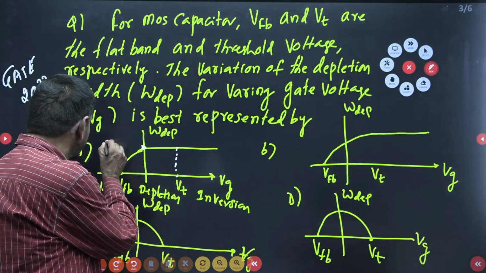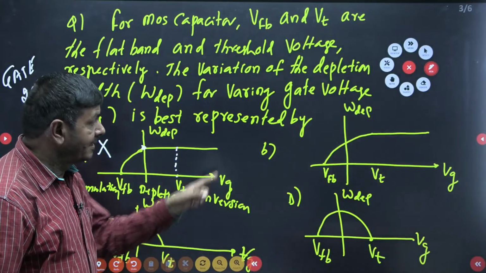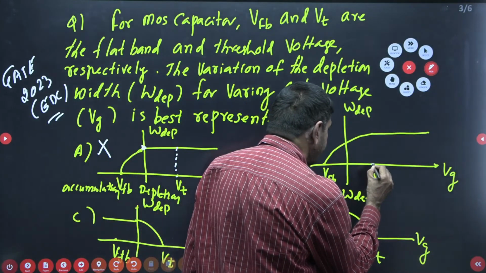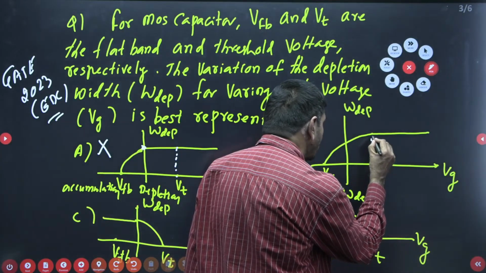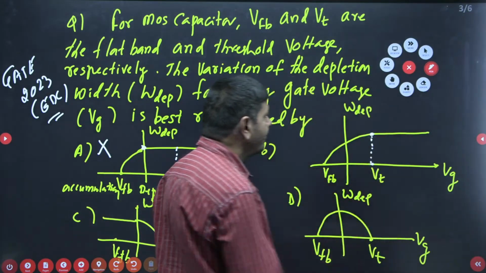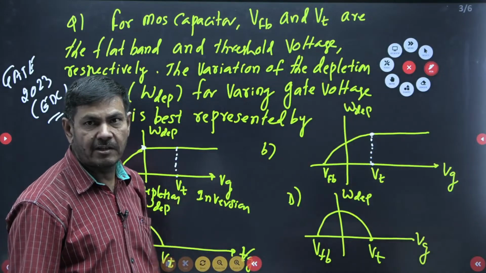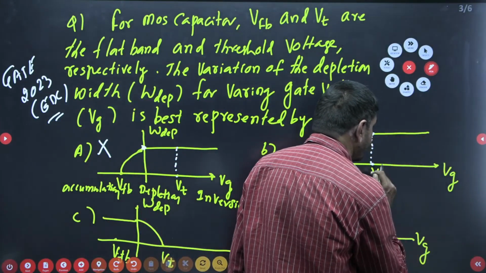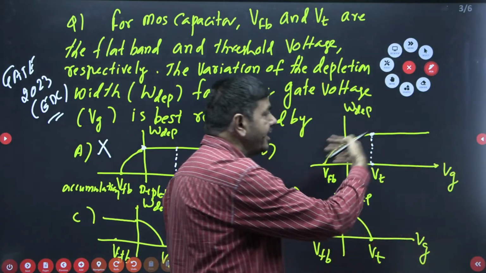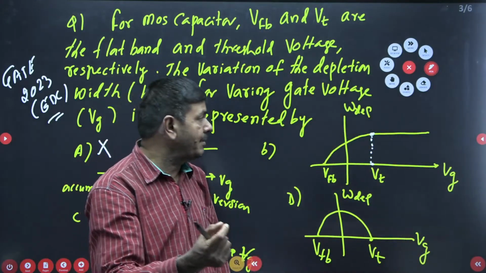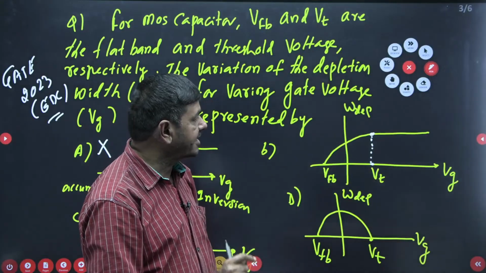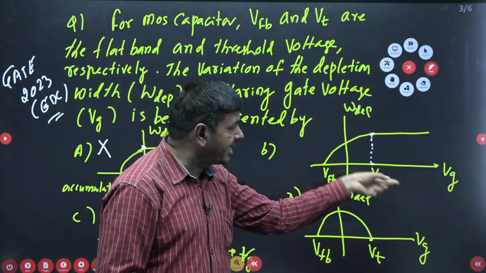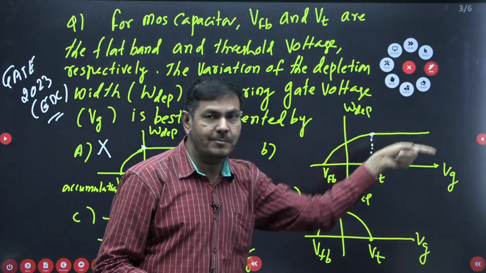This is not acceptable, not allowed. Second one, watch it here. When VG equals threshold voltage, I got maximum W_DEP. That means after that it remains constant. After threshold voltage, we cannot find any variation. Maximum depletion of the charge carriers is possible exactly at the threshold voltage only. After that voltage, it is maintained constant.